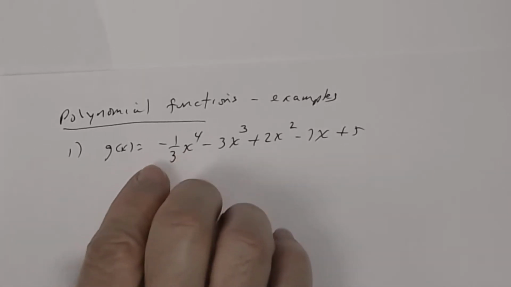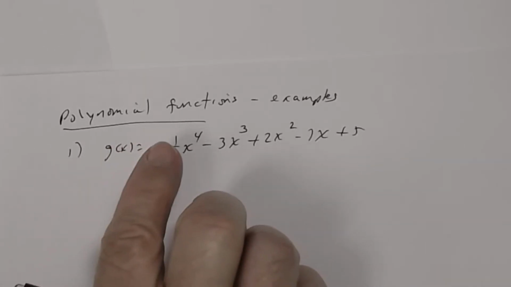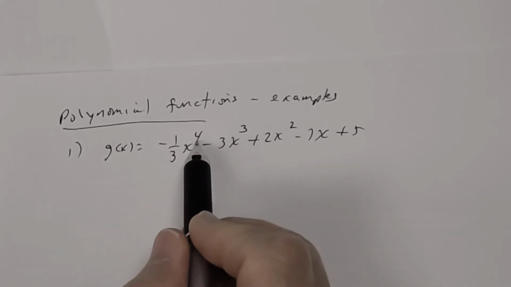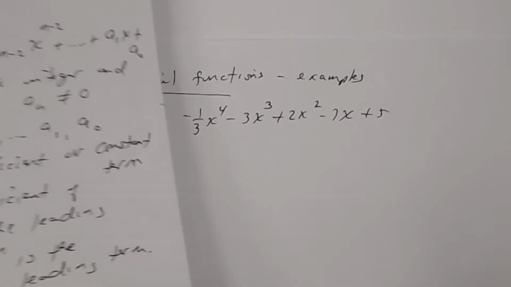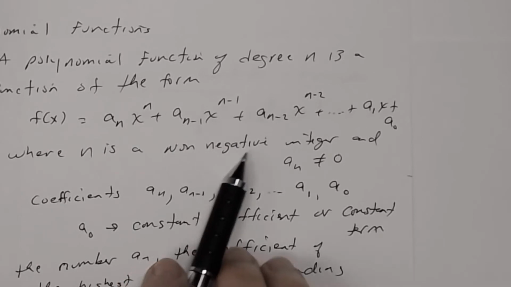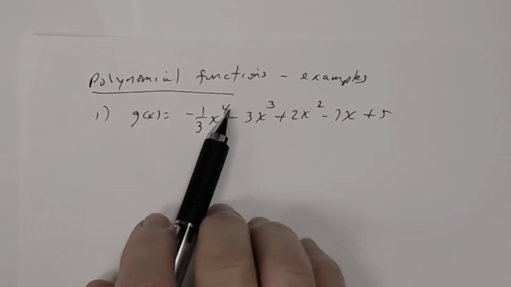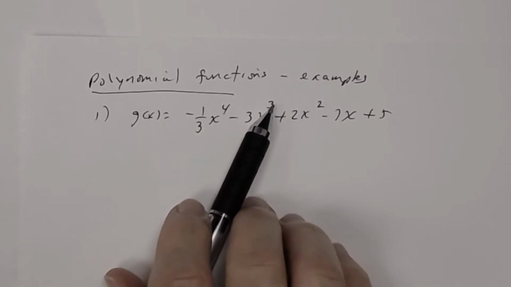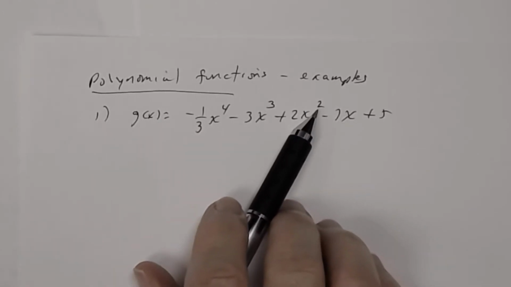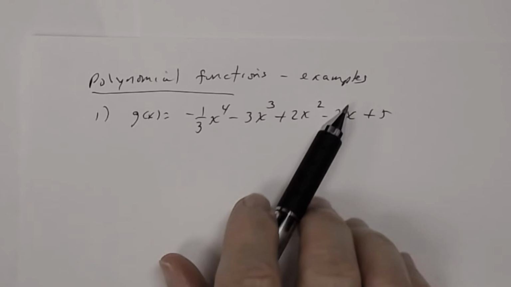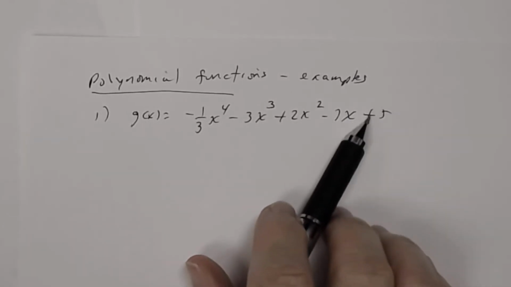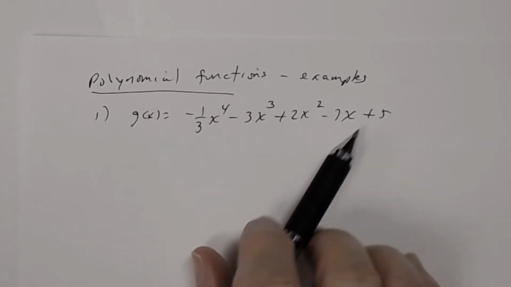But make sure you understand that this is a polynomial function because all of the exponents are non-negative integers. x to the fourth is a non-negative integer, 2 is a non-negative integer, 1 is a non-negative integer, and then your constant 5, which is x to the 0.